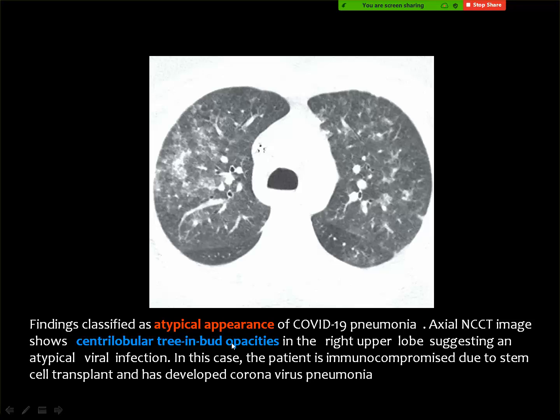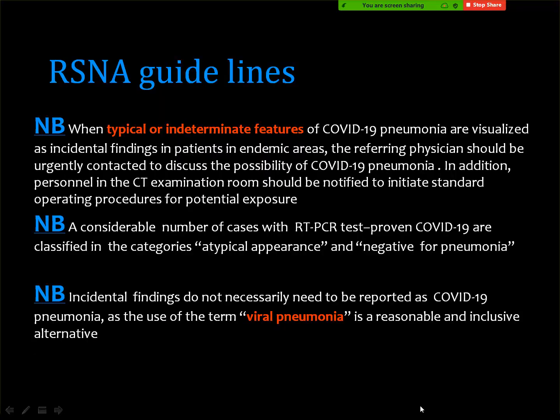Then this is known as atypical appearance, and it should be reported in the radiology report as viral pneumonia. And you recommend the help of laboratory tests to confirm the diagnosis.